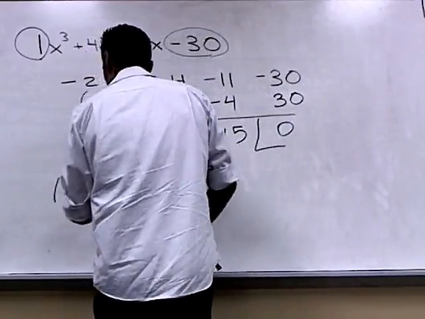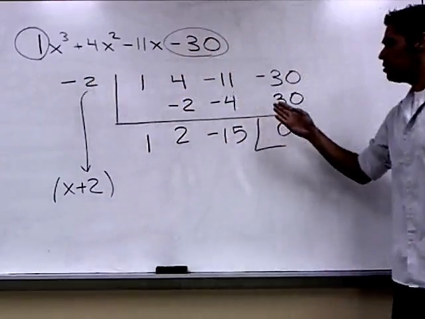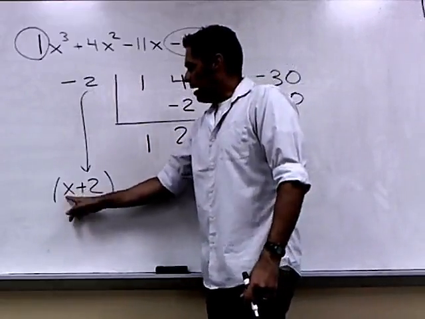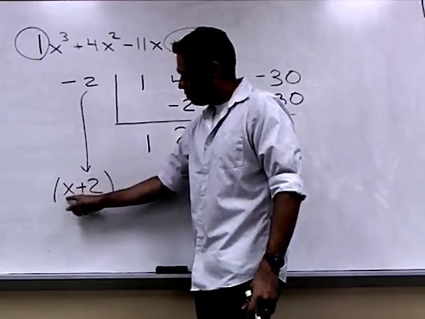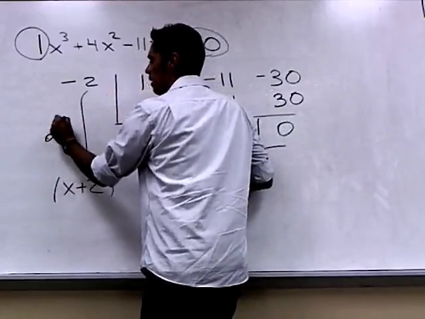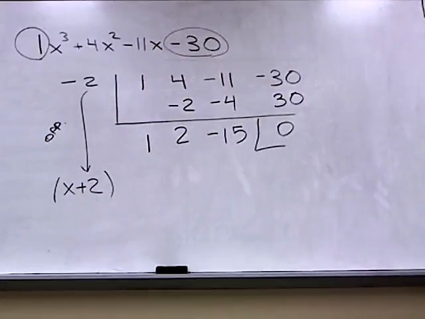The reason is that if you plug -2 into the function, you get 0. That means you have to put x plus 2, the opposite of what's there, so that if you plug -2 in right here, we get 0. So this will always be the opposite. Then what do we use now?